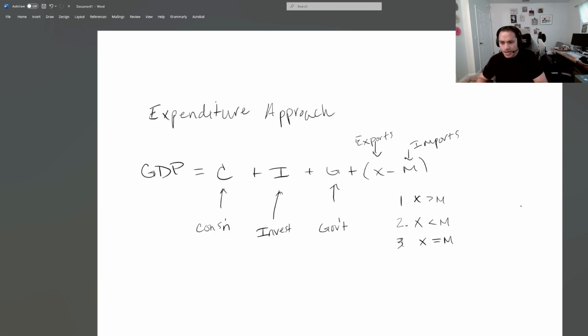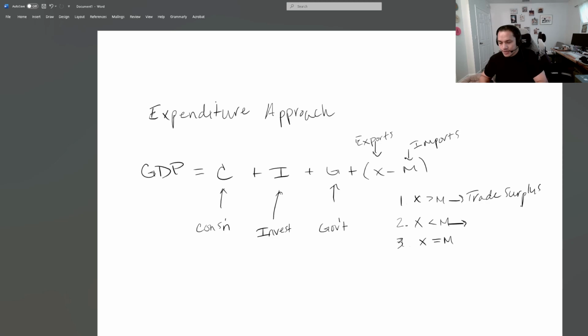We can have three different relationships here. If your exports exceed your imports, then your country is operating in a trade surplus. Our most common example would be to look at China, who exports more relative to their imports.